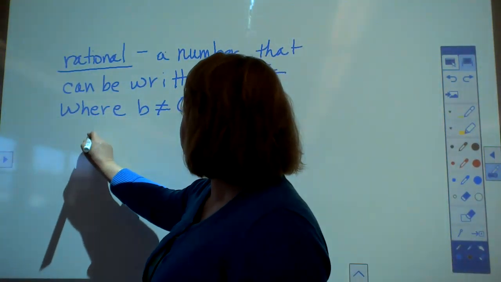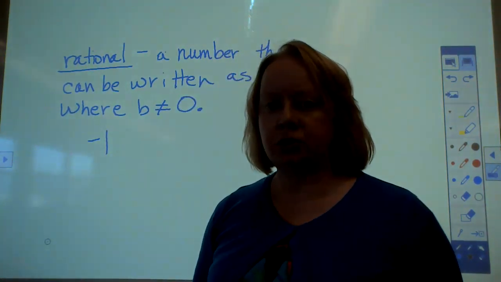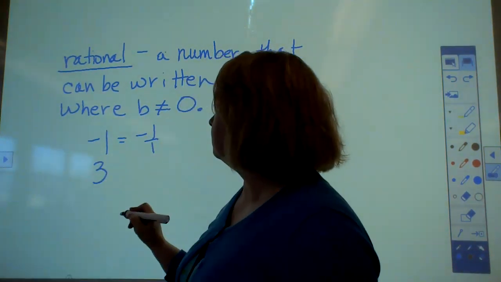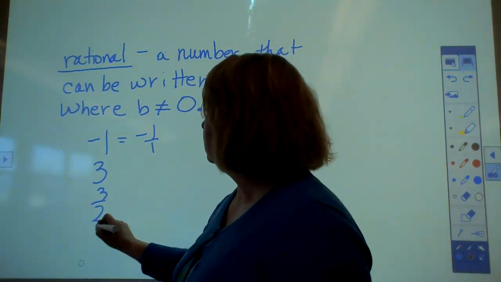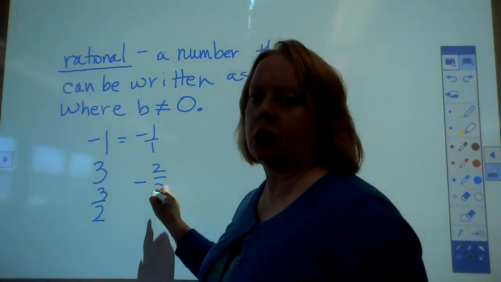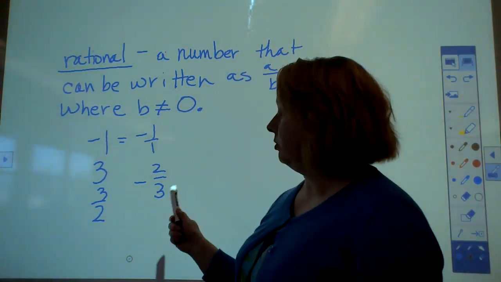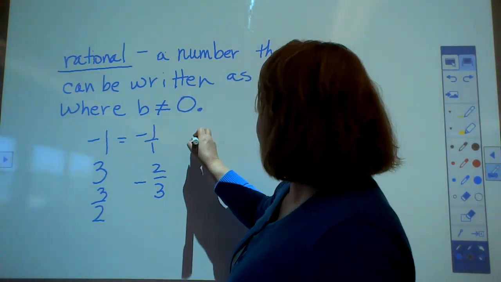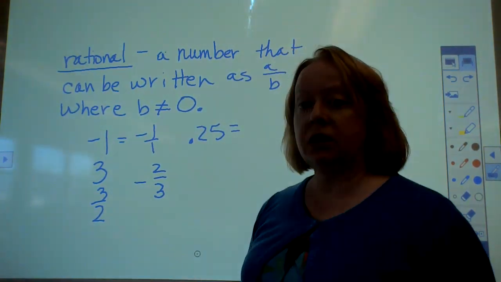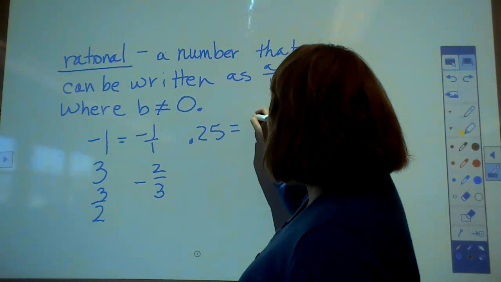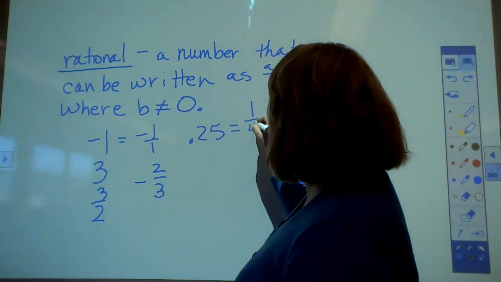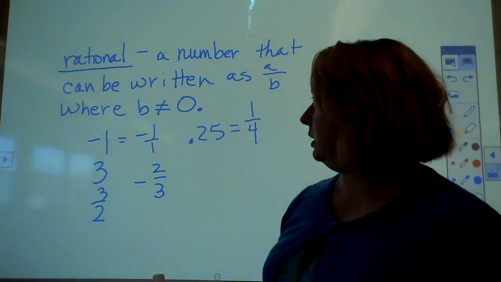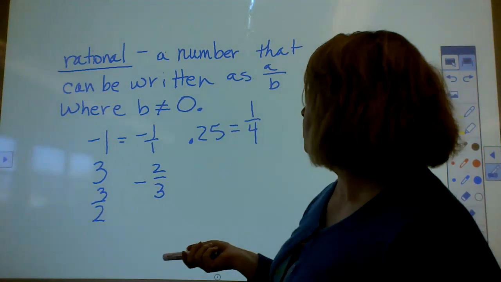For instance, -1 is a rational number because you can write it as -1 over 1. 3 is a rational number. 3 over 2, -2/3. Those are all rational numbers because you can write them as ratios, as fractions. A decimal, 0.25, well, you can easily convert that into 1/4, so that's a rational number. Now, irrational means you can't write it as a ratio.